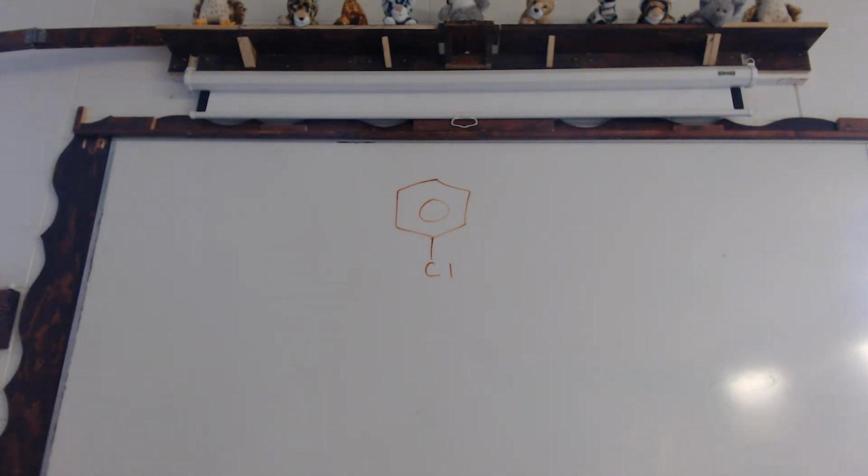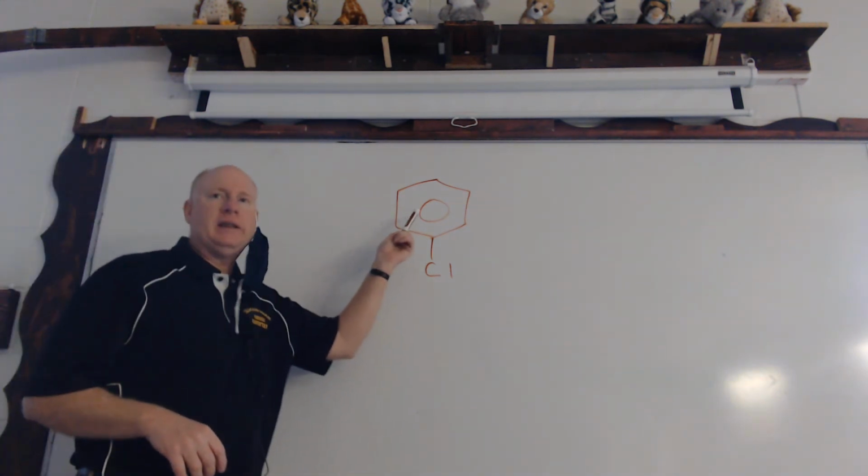So we've got a halogen on there. So very simply put, you would call that what? Name the derivative, chloro, and then it's a benzene ring, so this is chlorobenzene.